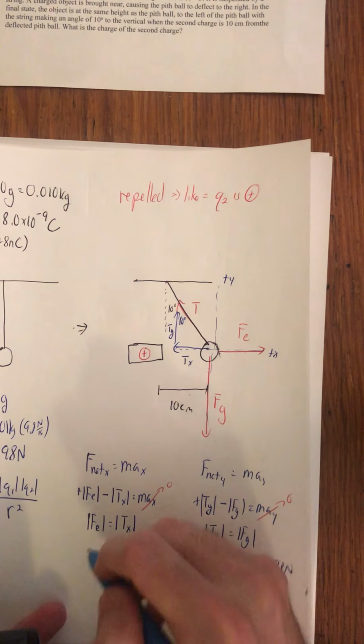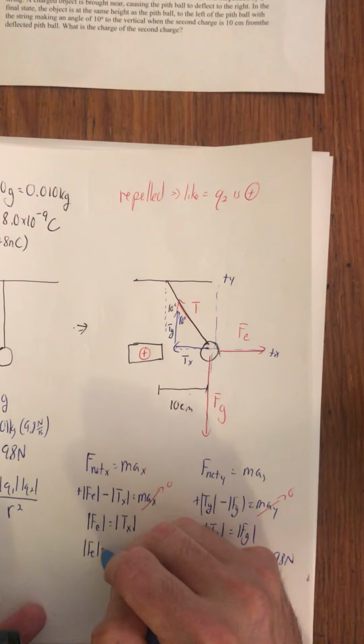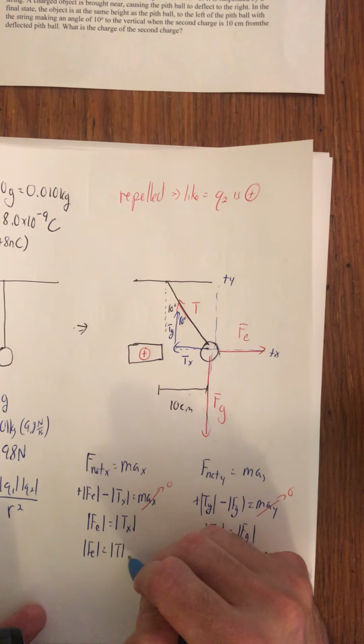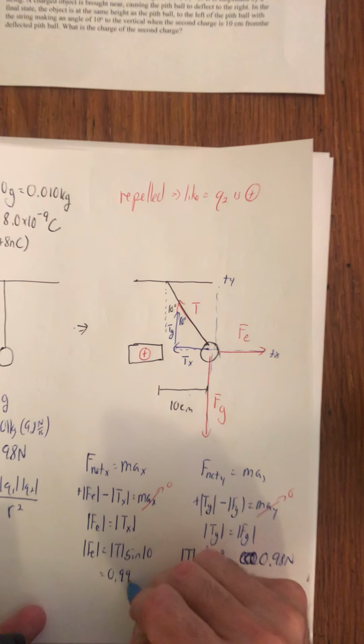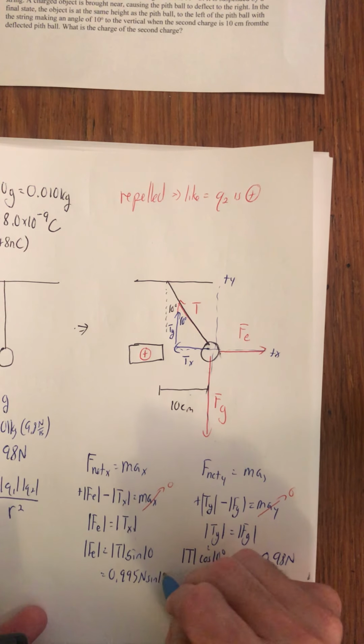0.995 newtons. I can come over here then, Fe must equal T sine of 10, so it's 0.995 newtons sine of 10.